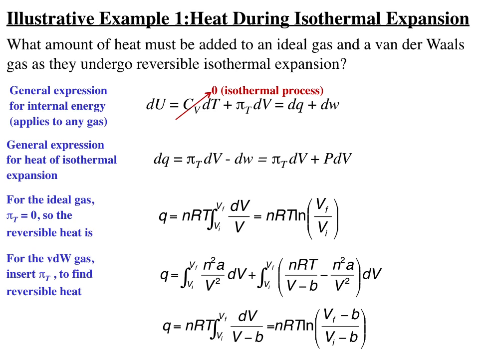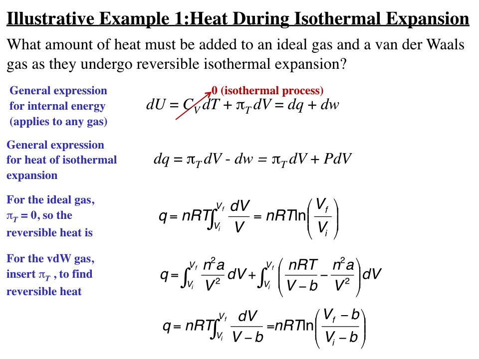And dU, of course, is dq plus dw. So I can solve that for the heat that must be exchanged. That has to be equal to pi T dV minus dw. And since dw is minus PdV, dq is pi T dV plus PdV.